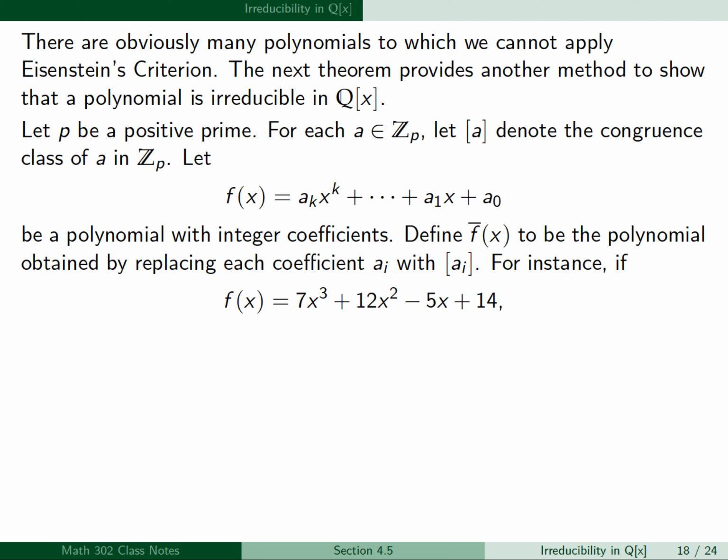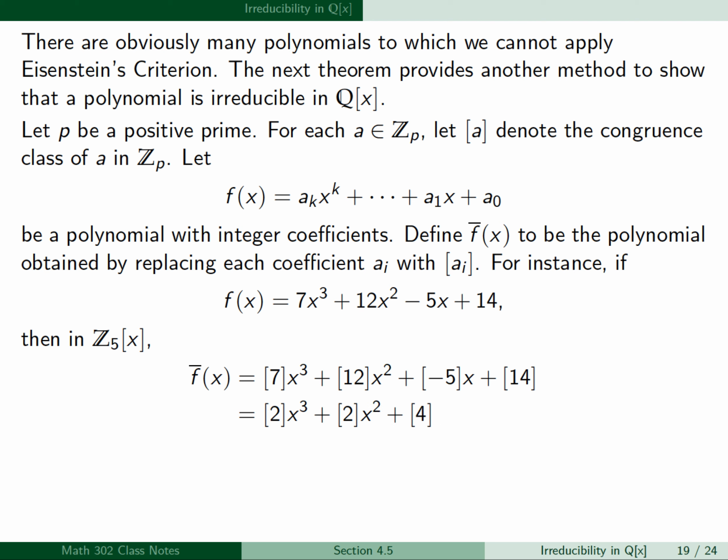For instance, if f of x is the polynomial 7x cubed plus 12x squared minus 5x plus 14, then in Z sub 5 bracket x, f bar of x will be the congruence class of 7x cubed plus the congruence class of 12x squared plus the congruence class of minus 5x plus the congruence class of 14.